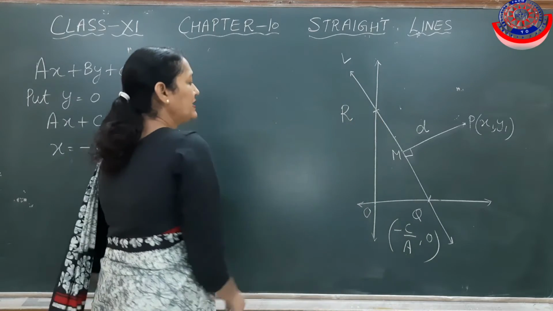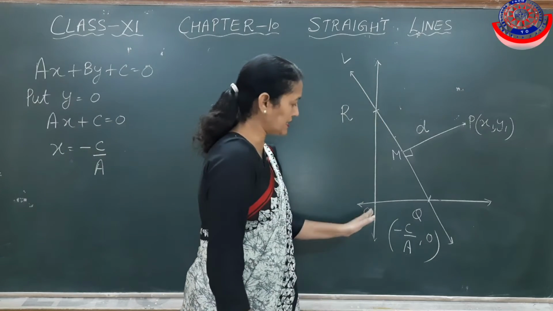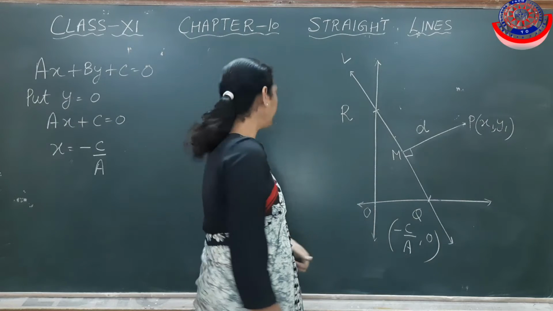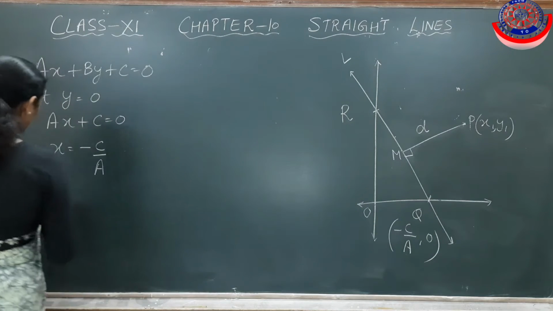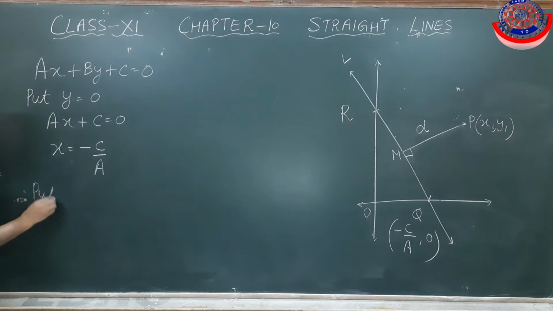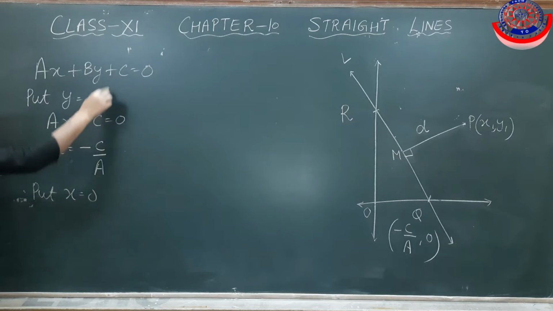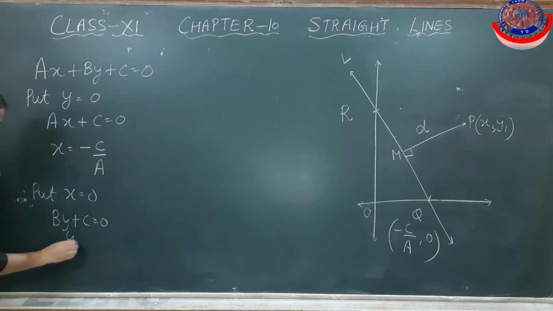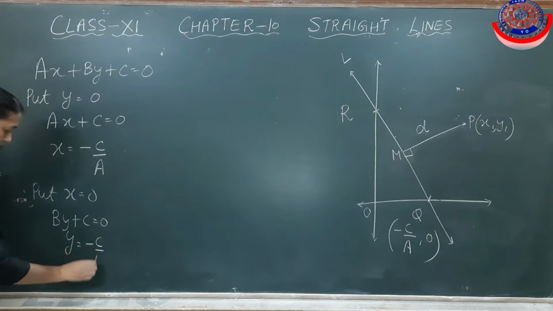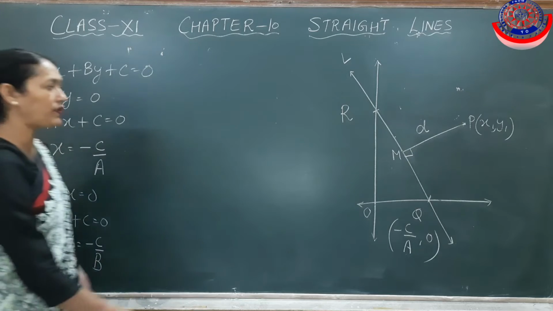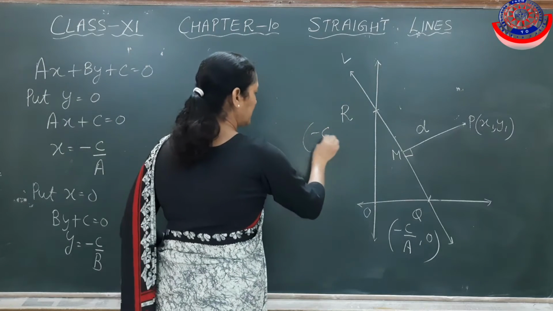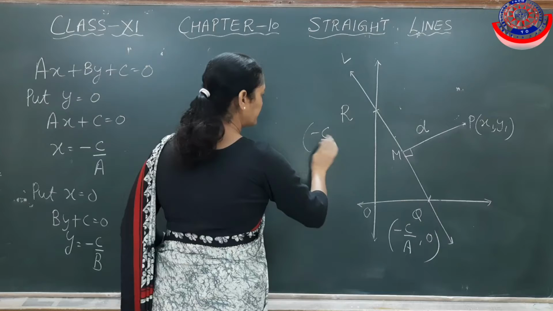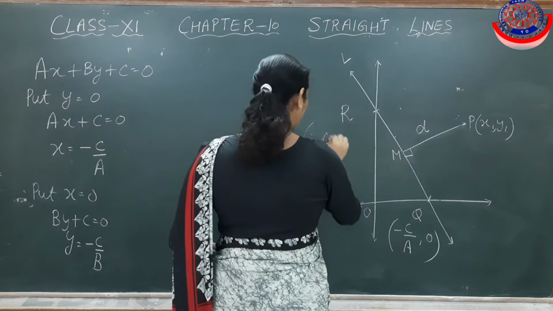Same way, when this line intersects the y-axis, that means x will be 0. So if we put x = 0 in this equation of line, we will have by + c = 0. So y = -c/b. So coordinates of R are (0, -c/b).